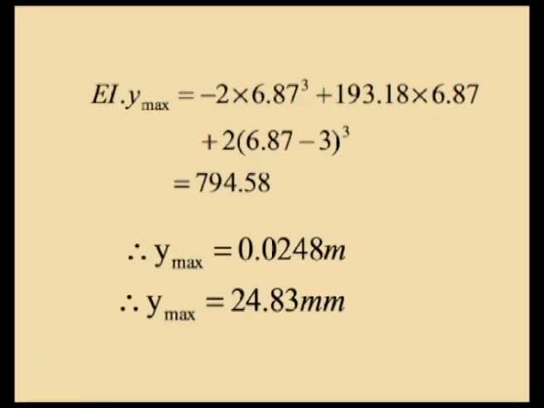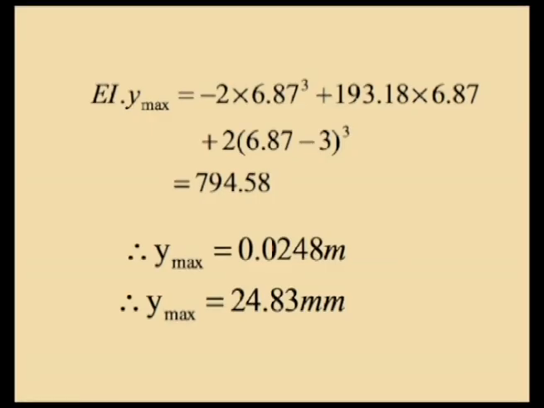The first portion is 3 meters and the second portion is 6.5 meters. So, if our x value lies within 9.5 meters, then our assumption is correct, that is we have assumed the maximum deflection in between C and D. So, we got 6.87, substituting the value, you will get maximum deflection as 24.83.